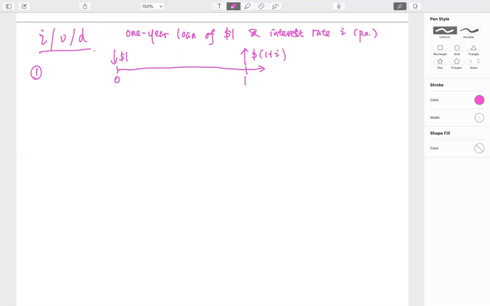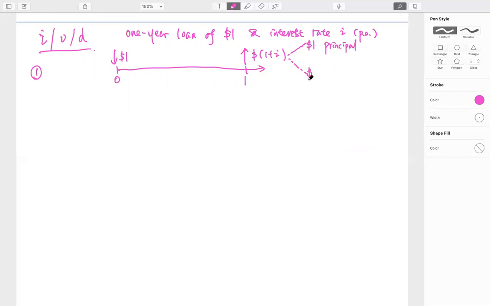I don't need to specify whether it's simple interest or compound interest because when t is 1, they are the same. So if I borrow $1 at time 0, I'm supposed to pay back the lender 1 plus i in 1 year. Here I can break this amount into two parts. This is the original amount I borrowed, usually called the principal.